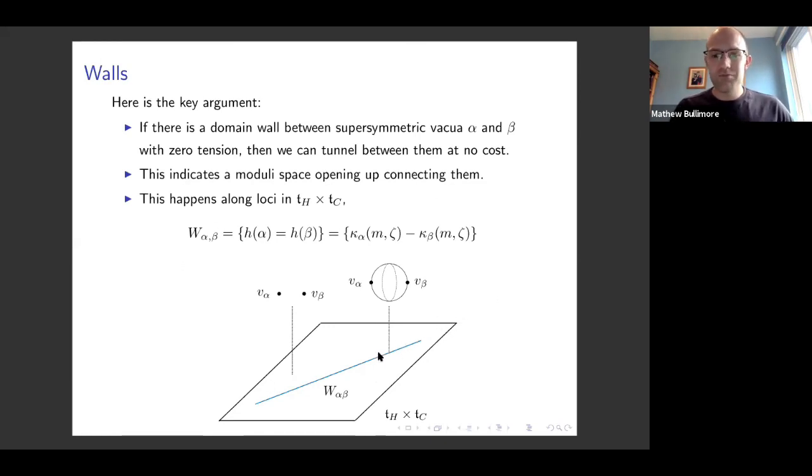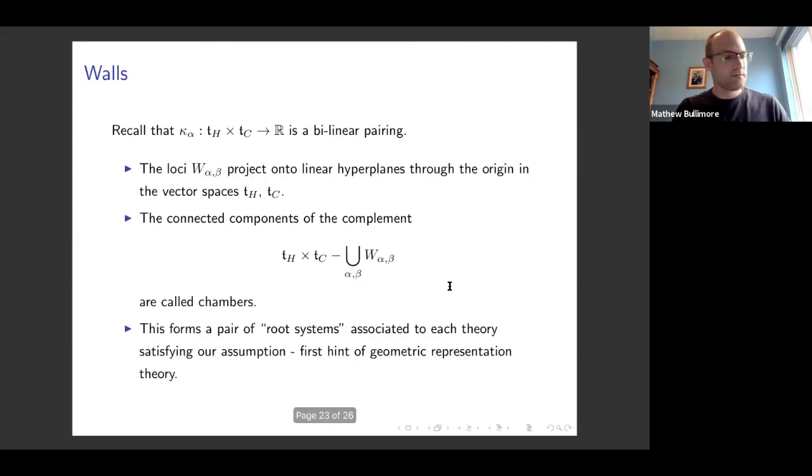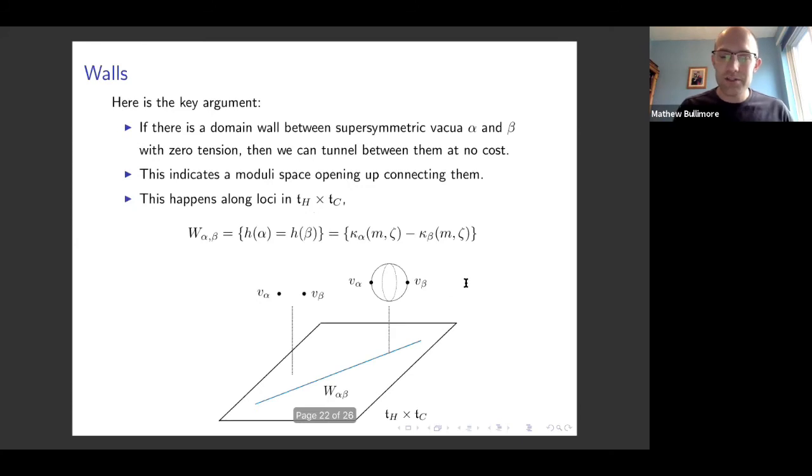Okay, so this is the broad picture. I'd like to make an important point, which is essentially that the equations that define these walls are linear, or bilinear, in the masses and FIs, precisely because these kappas were bilinear.